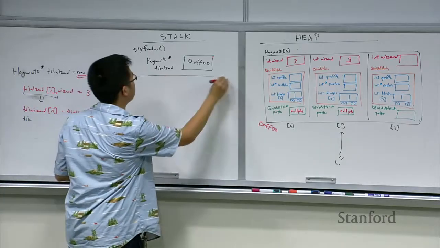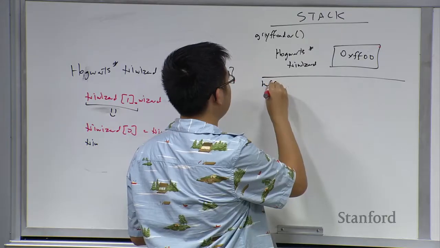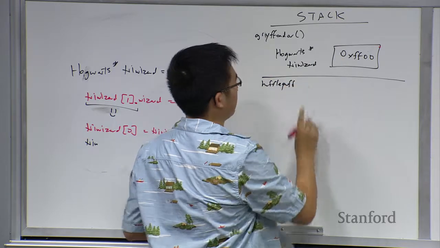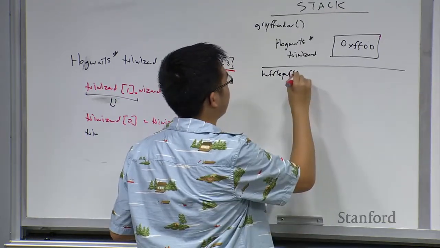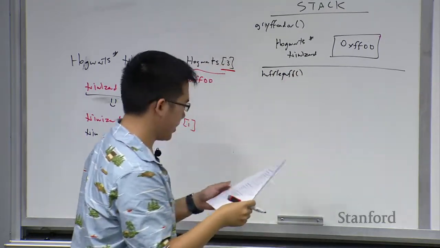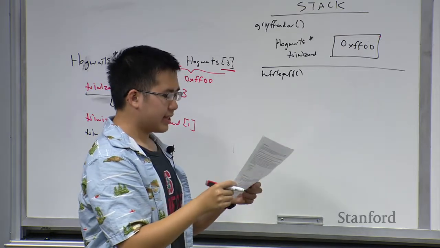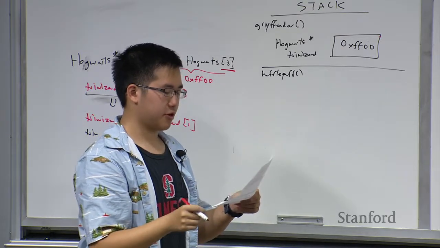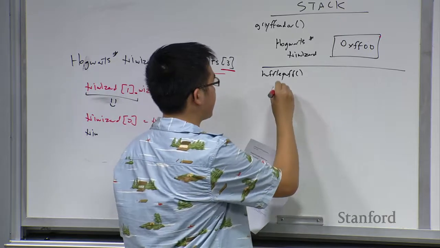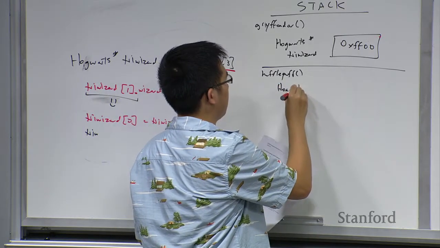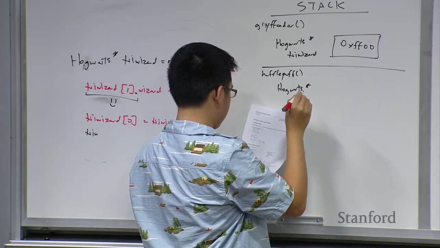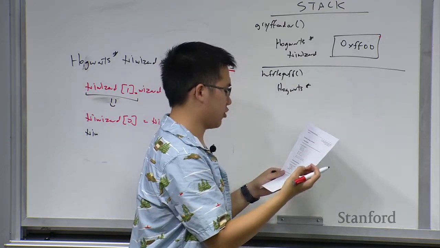So let's call that function. Okay. So Hufflepuff. Now, inside this Hufflepuff function, we pass in a parameter, and that parameter has type Hogwarts star. It's a pointer to a Hogwarts struct.